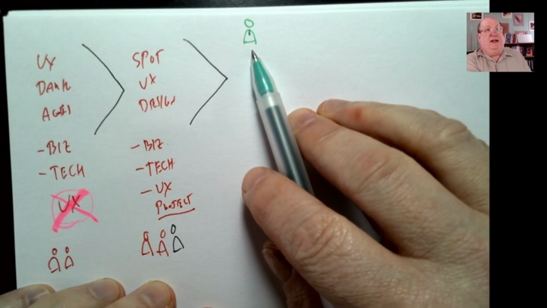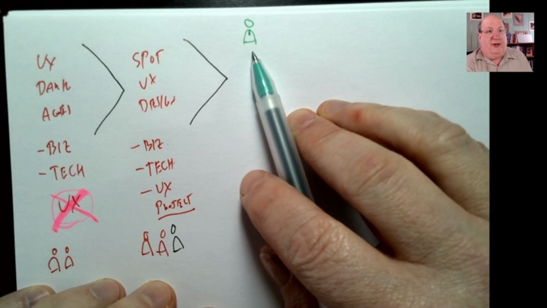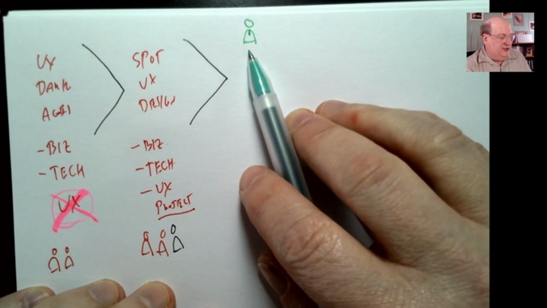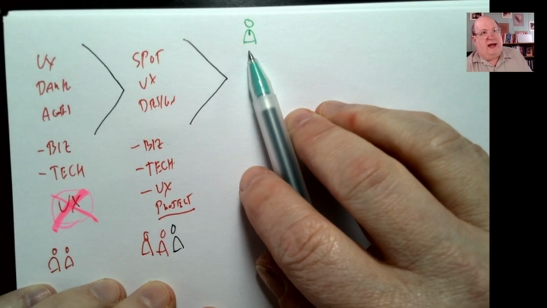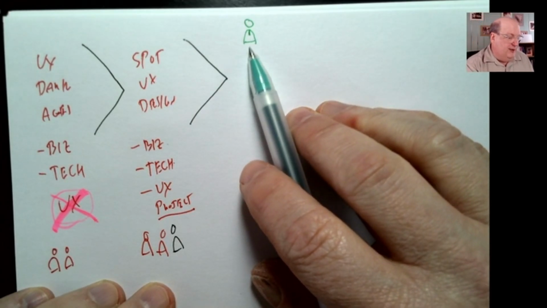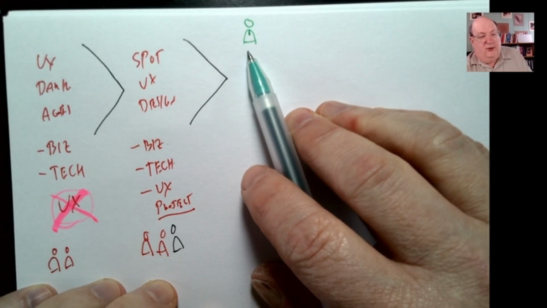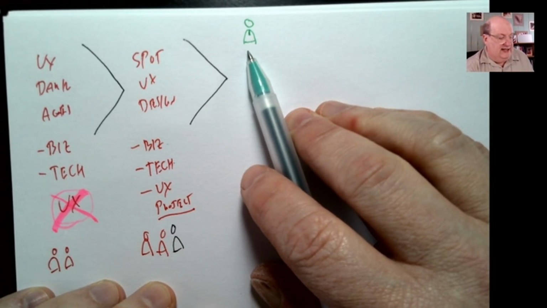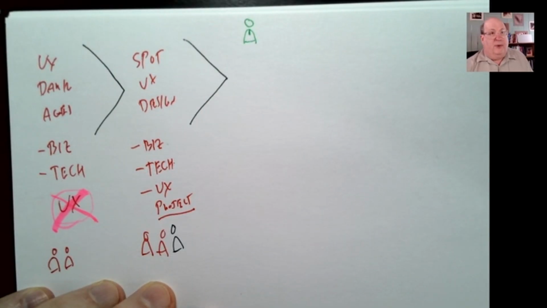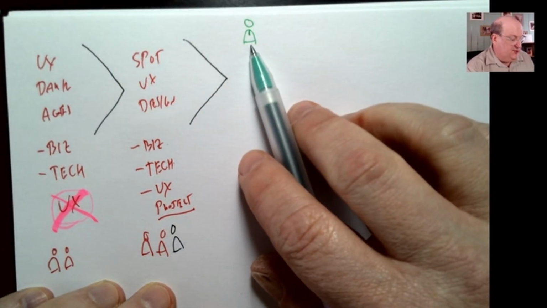Oftentimes, this happens because they're getting beaten up by their competitors for not having good UX. There are other externalities that can cause this. There can be some internal reasons to improve the design. People are realizing that poor design is costing the organization a lot of money, or potentially costing them sales.